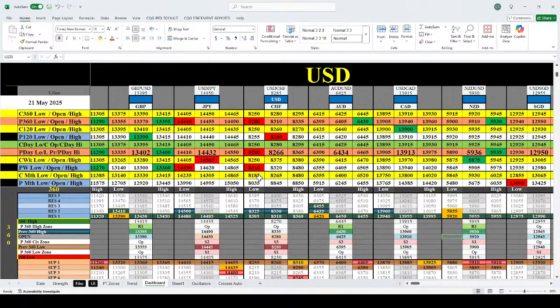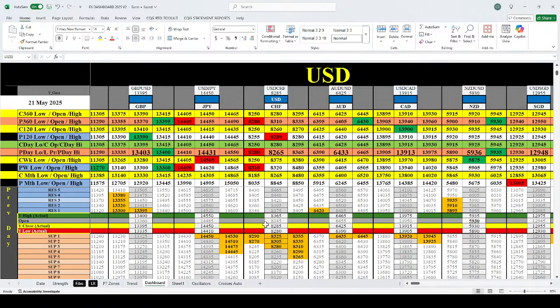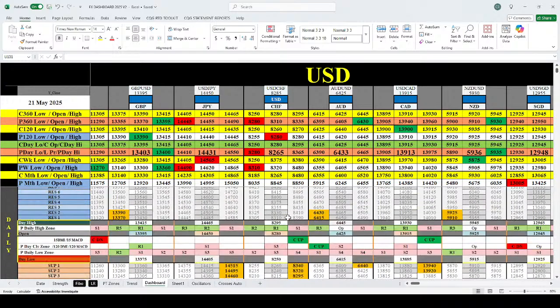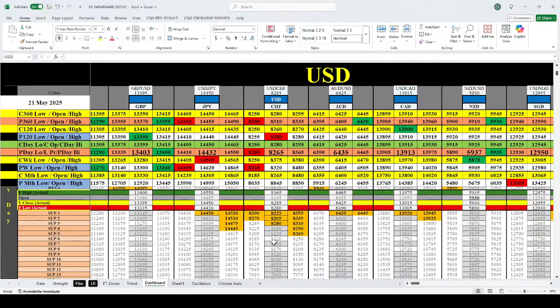How we are going to trade this: now it is 82.60, trading below the previous day low, so we expect the failure to happen. Most likely the market may turn before 82.40 or 82.05.